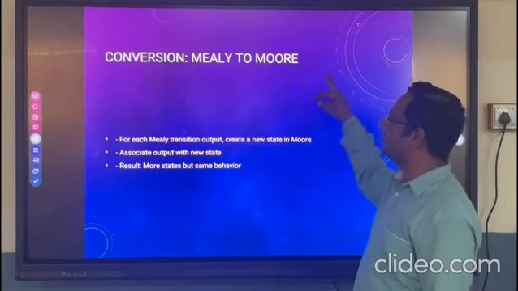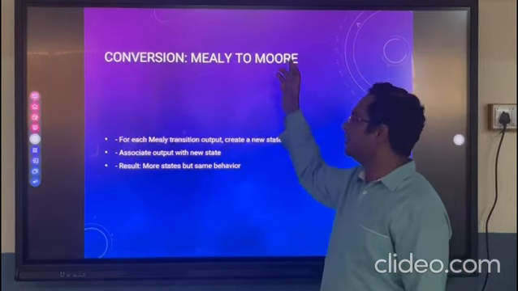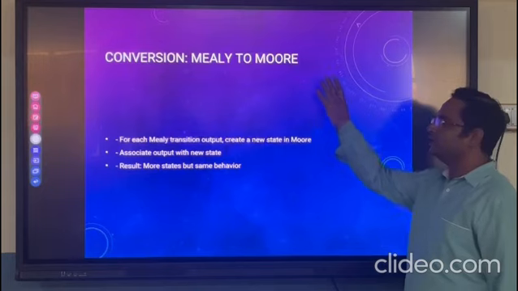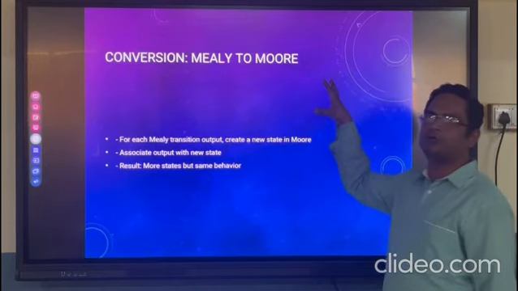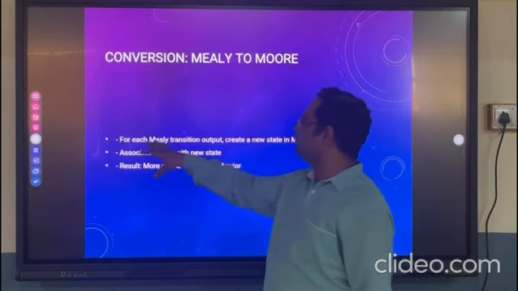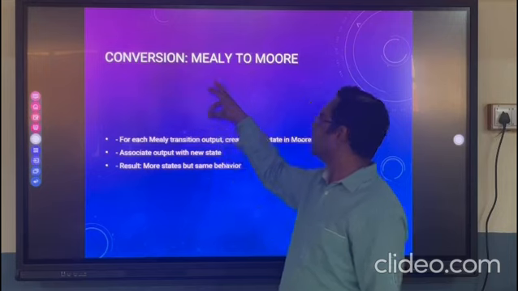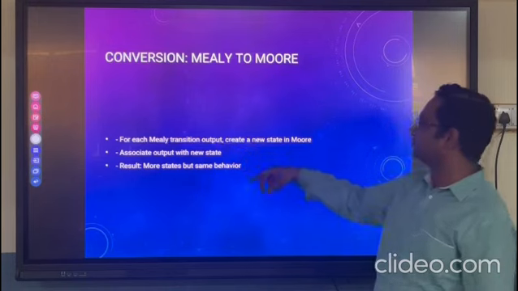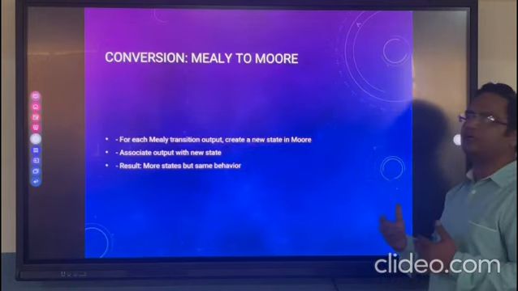So, conversion from Mealy to Moore. How do we convert a Mealy to a Moore machine? Generally we know that the Mealy and Moore machines are both finite state machines. For conversion, for each Mealy transition output, create a new state in Moore.